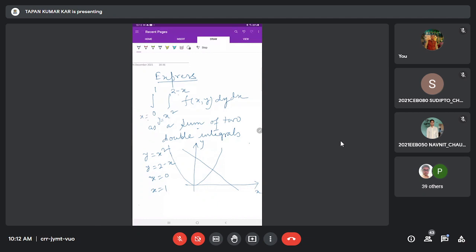Another is x equal to 0, which means this line, and x equal to 1.